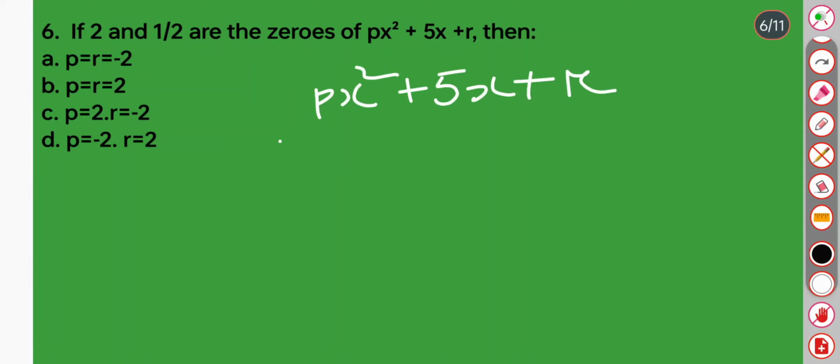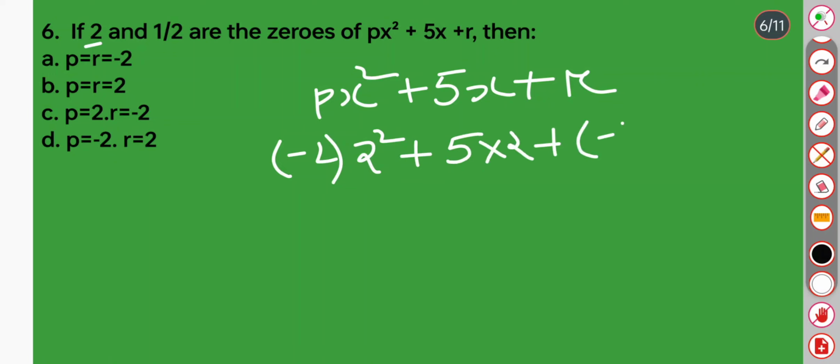Suppose I put option number A, where p and r value is minus 2. If I put minus 2 here, x value is how much? Suppose I take x value 2, square plus 5 times x value 2, plus r value minus 2. We have to check whether we will get 0 or not.